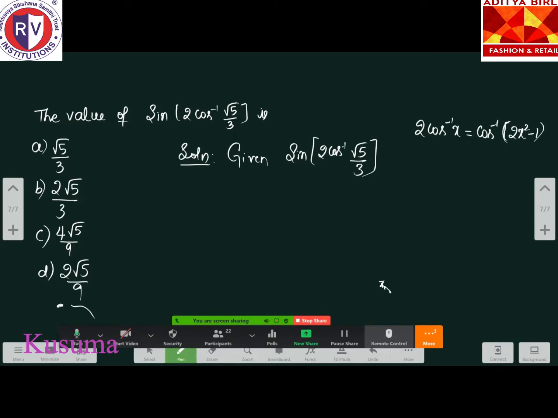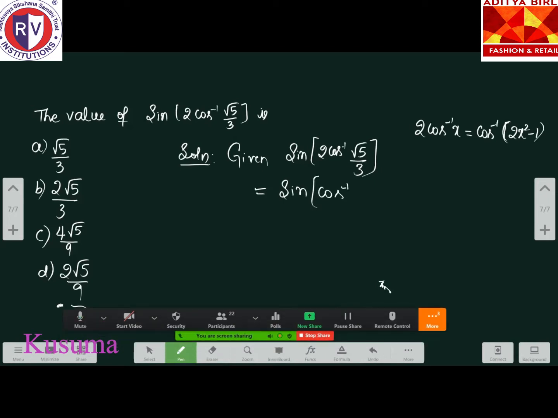So we will make use of this identity here. So this is sine of cos inverse of 2 into x square, that is 2 into root 5 by 3 whole square, minus 1.